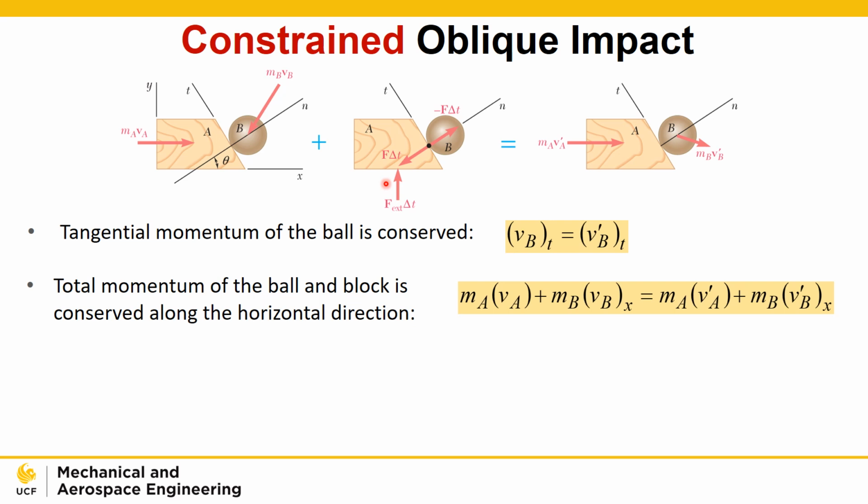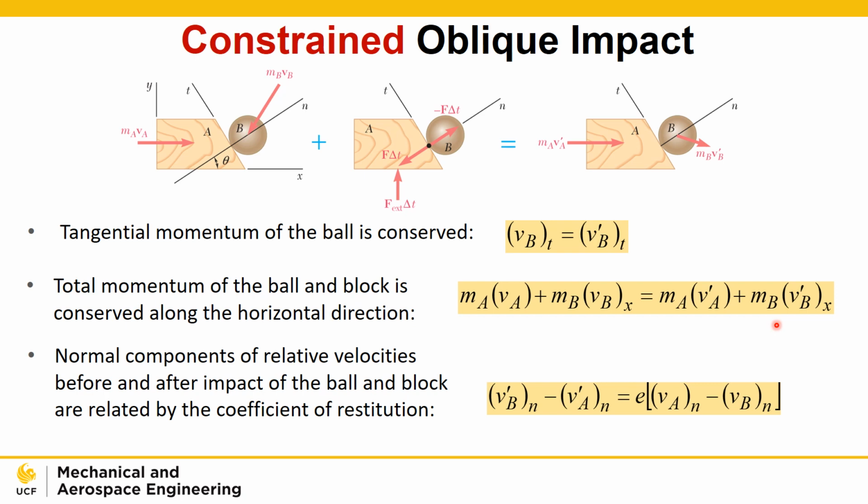The total momentum of the ball and the block is conserved along the horizontal axis, since there are no external impulses acting on the block and the ball along the x-axis. Therefore, we can write mA vA plus mB vBx is equal to mA vA' plus mB vB'x.